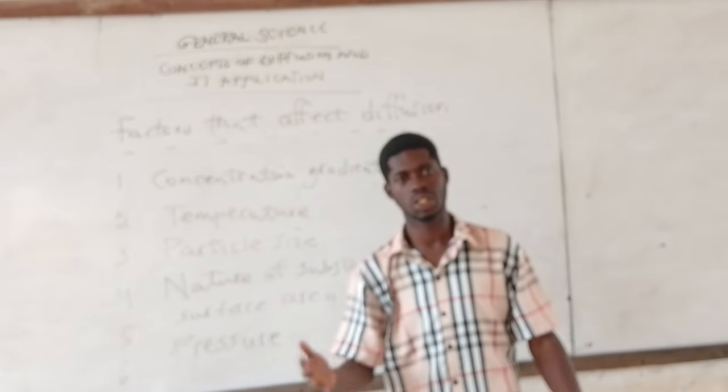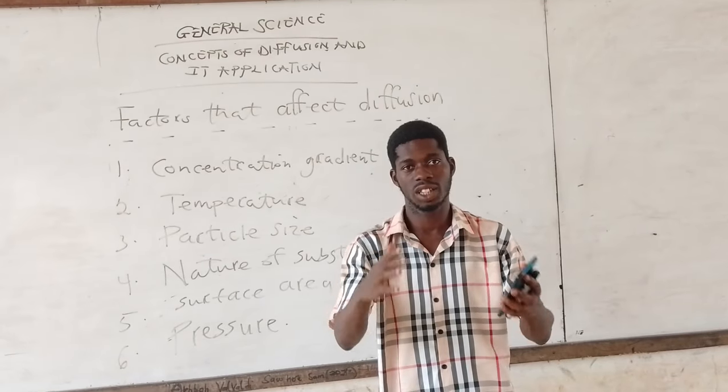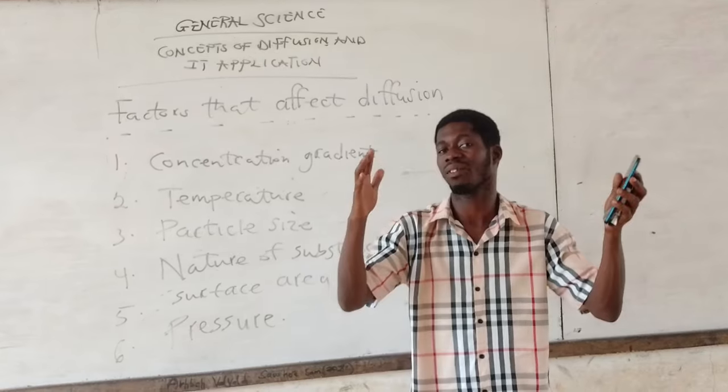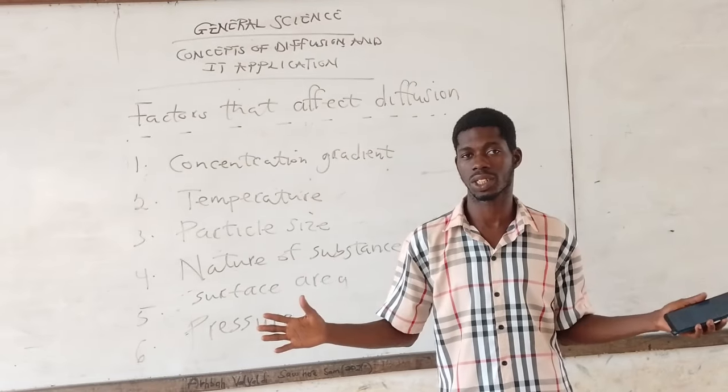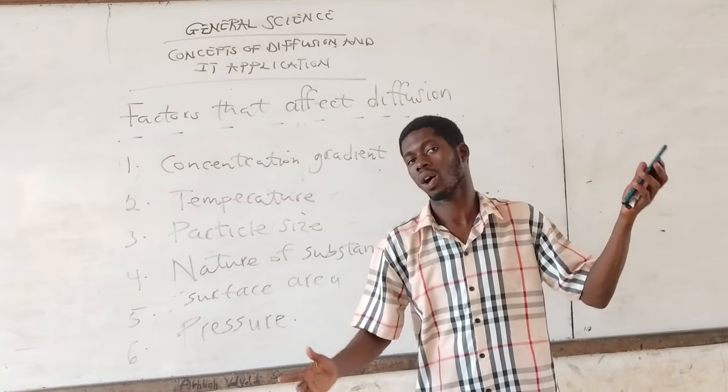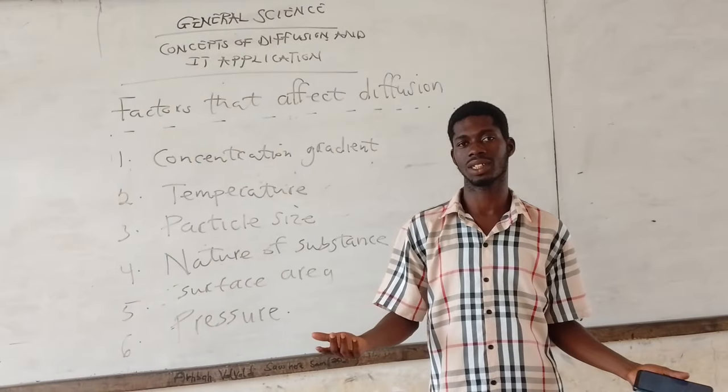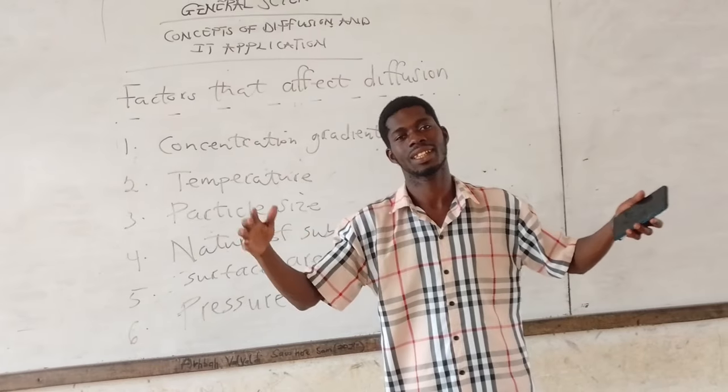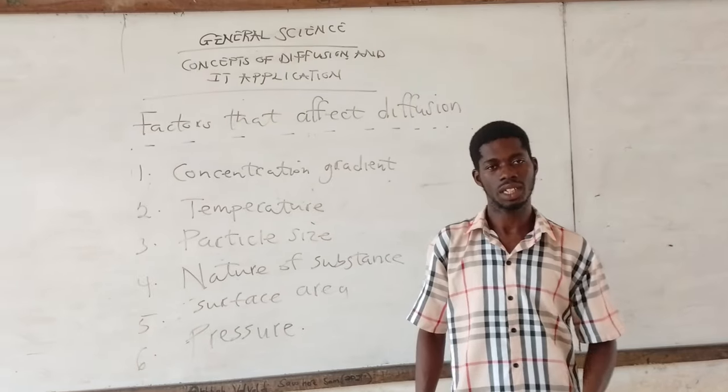Both regions will not have equal concentration. One will have higher concentration, the other will have lower concentration. And when diffusion occurs, it will equalize the concentration.